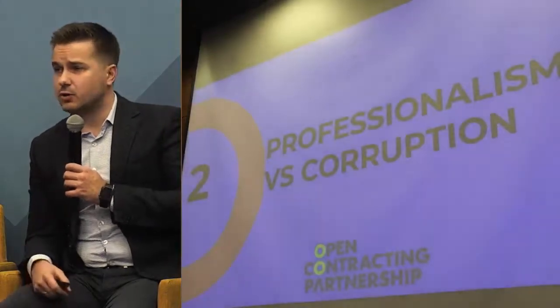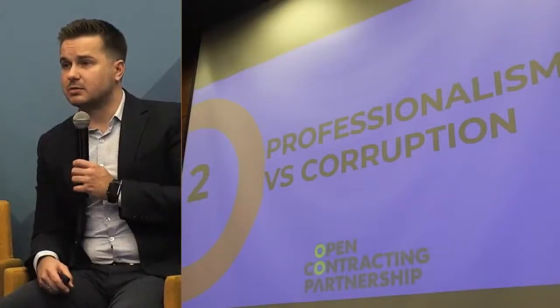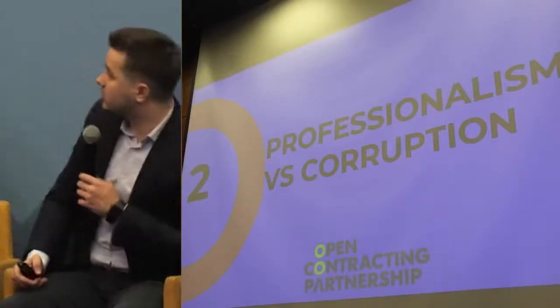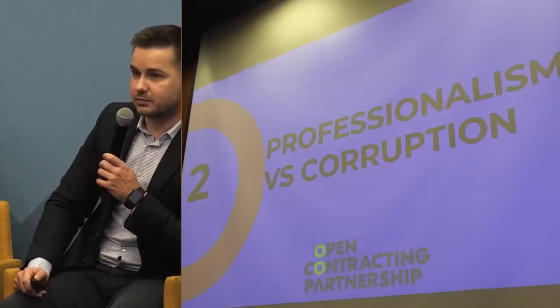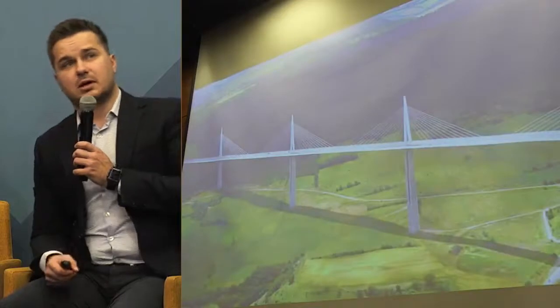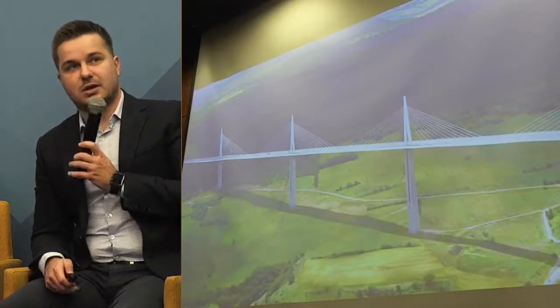Then, going forward, the second problem is actually professionalism and corruption, or, as we have in the name of the forum, good governance. Another example, a very nice bridge in France.